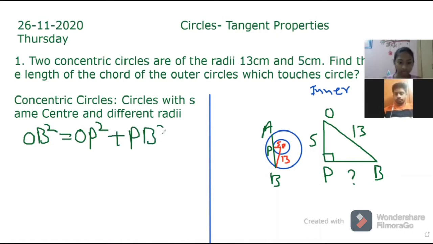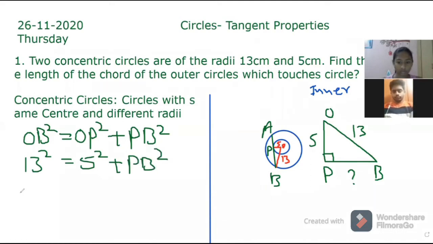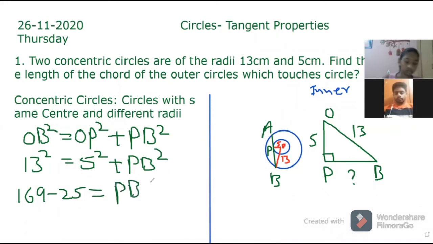That is, the square on the hypotenuse is equal to the sum of the squares on the other two sides. Now 13 square equals OP, 5 square, plus PB square. 13 square is 169, 5 square is 25, and I shift that 25 to the left hand side.